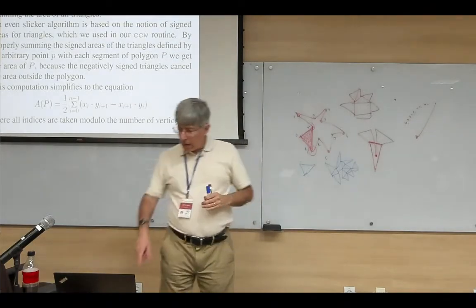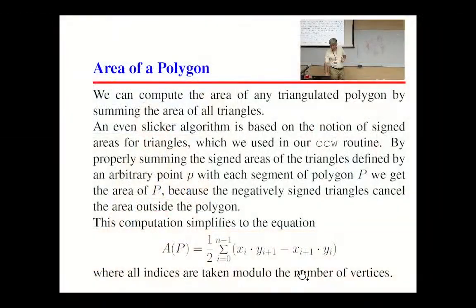It turns out there is a slicker way to compute the area of a polygon using signed area. Because remember, the signed area is both positive and negative. Somehow there is this magic formula that computes the area of a polygon by adding up the signed areas in an interesting way, and the signed areas offset.